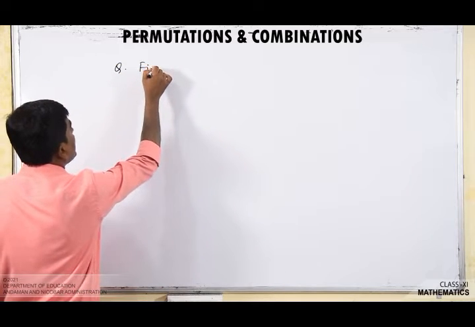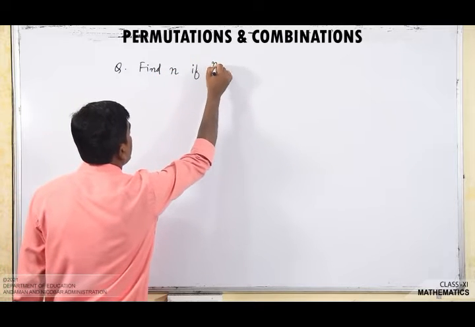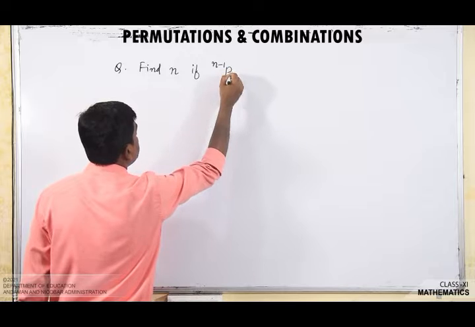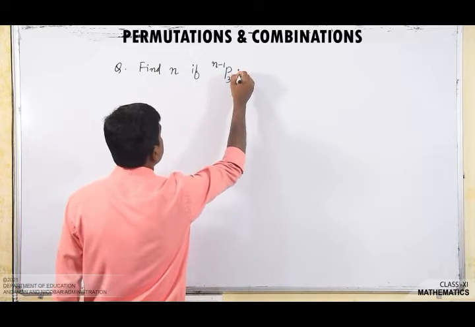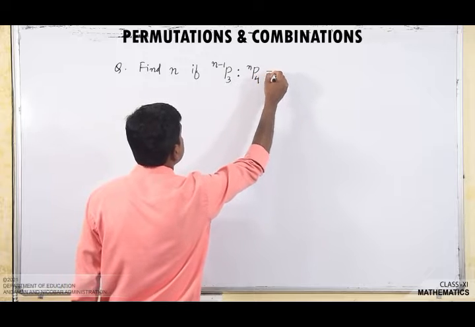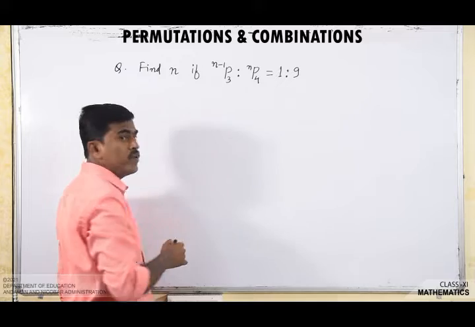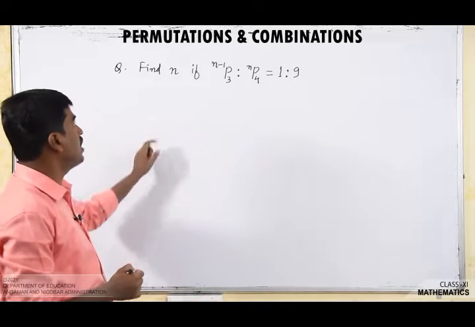Find the value of n. Find n if (n minus 1)P3 is to nP4 is equal to 1:9. One equation is given, we have to find the value of n.